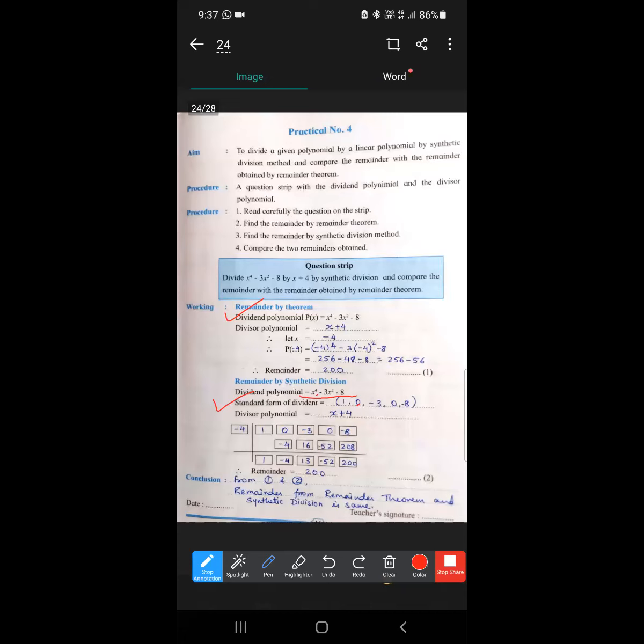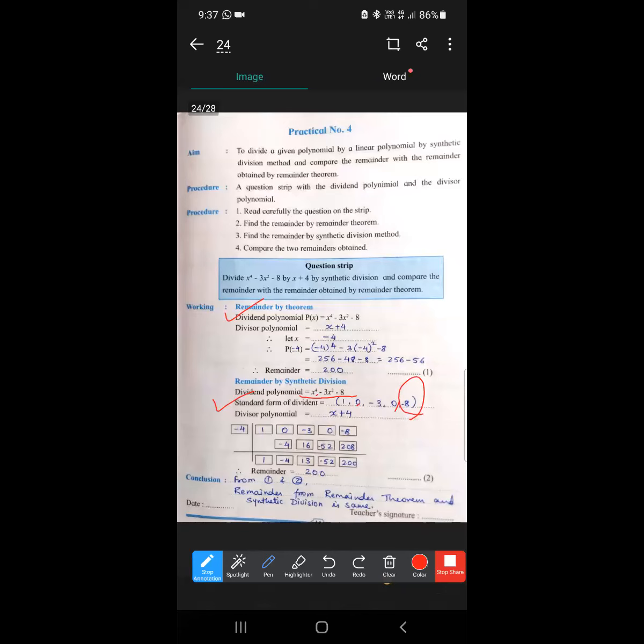So it is minus 3. After 2, the degree should be 1. Here the term with degree 1 is not there, so you will write 0. And at the last, after degree 1, there should be a constant. So here the constant is already present.